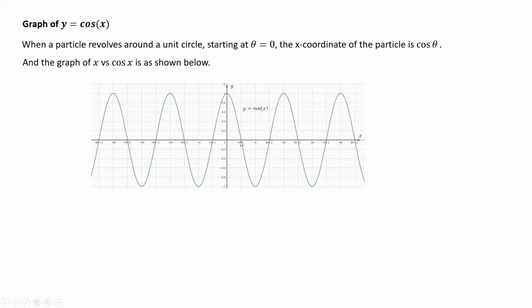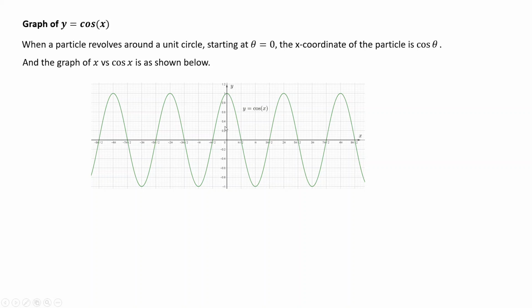When theta is pi halves, cosine of pi halves is 0. So here instead of theta, I'm saying x. Look at the graph of cosine x. It looks very much like a sine graph. The only thing is, at x equal to 0, sine was 0. But at x equal to 0, cosine is 1.